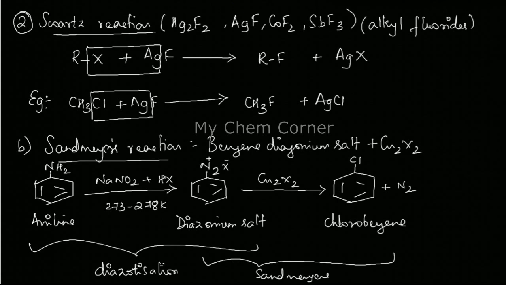So when you write your exam, it completely depends on what the question is asked. Prepare chlorobenzene from aniline, or prepare chlorobenzene from the diazo group. It completely depends on the question asked. Alright, so that is the third named reaction that is there in your textbook.